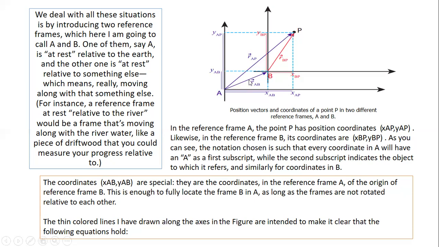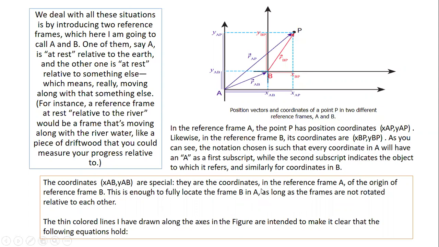As you can see, the notation is such that every coordinate in A has an A as the first subscript, while the second subscript indicates the object to which it refers, and similarly for coordinates in B. So the coordinates X_AB and Y_AB are special. They are the coordinates in the reference frame A of the origin of the reference frame B. This is enough to fully locate frame B in A.